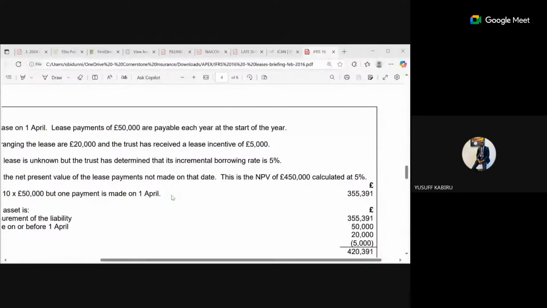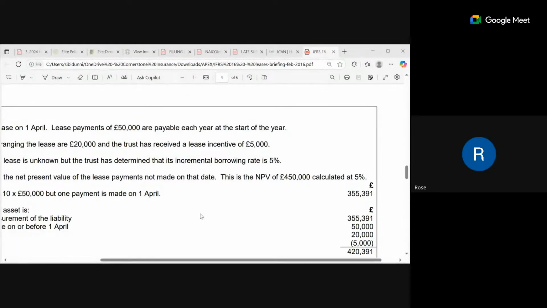It's years, not months. Oh, 10 years, 9 years. Why are they capturing 9 years, not 10 years? They said they are making one payment on the 1st of April, the first year. God bless you. You really understand what we are doing.